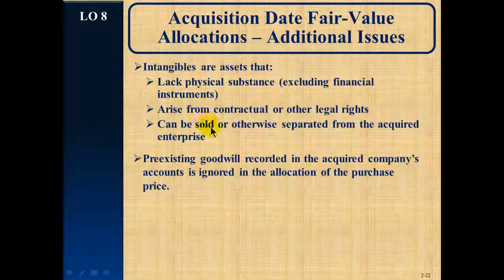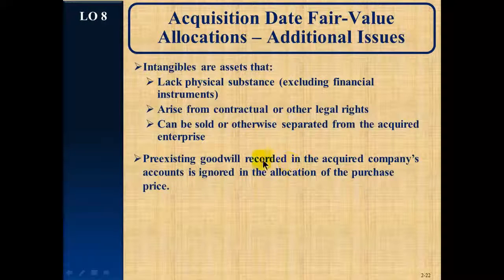Now, goodwill is one of your most common intangible assets that arises from an acquisition situation. If you have pre-existing goodwill on the books of the acquired company, the investee, then you ignore that. When you're buying them, you're not saying, what is that goodwill really worth? No, forget about it. You're looking at the identifiable assets and liabilities, and you want to get the fair value of those.